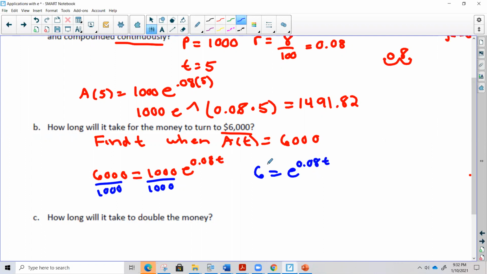And then hopefully this sounds familiar, but whenever you are trying to solve for t with an e, you use the inverse of e, which is the natural log function. So you take the natural log of both sides.